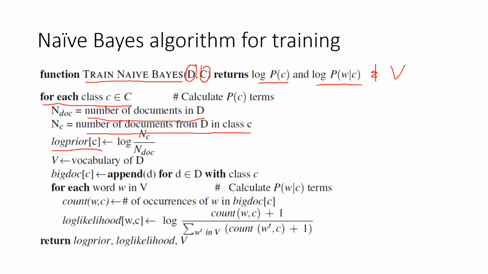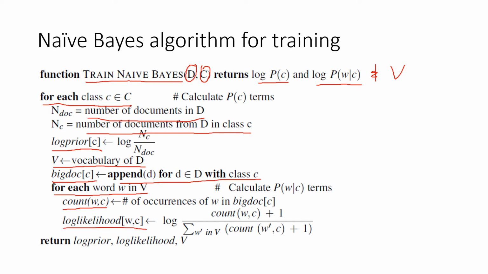Then we create the vocabulary from the words in all documents, and for each class we create a big doc of C that contains all the documents with class C. Then we want to calculate probability of a word given a class, and to do so, for each word W in our vocabulary, we must count the number of occurrences of a word W in big doc of C in order to calculate the log likelihood.